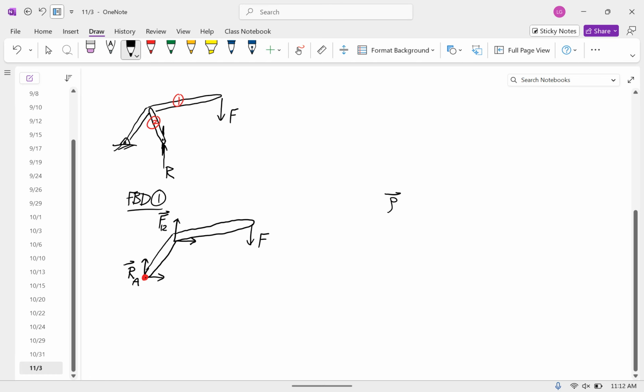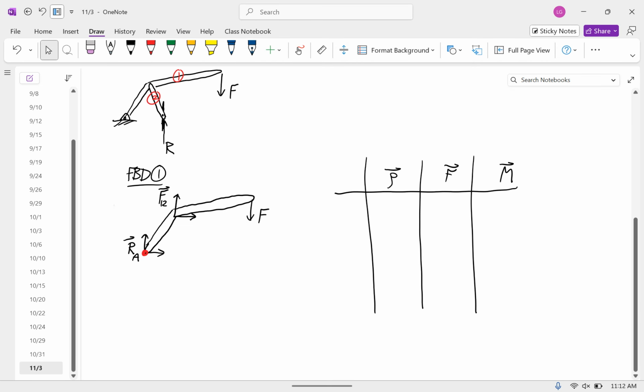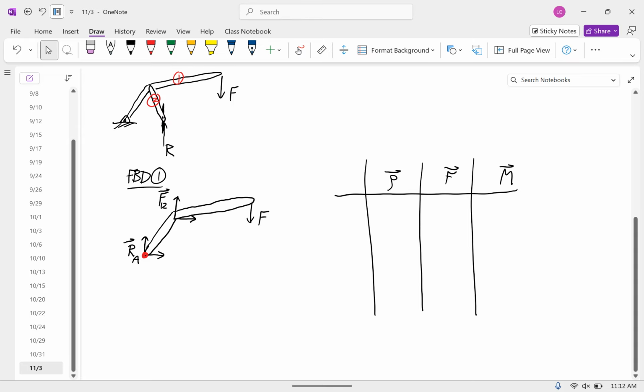And then rho, force, moment. I'll start with RA. Rho vector is 0. Force is RAX, RAY. Cross product is 0.